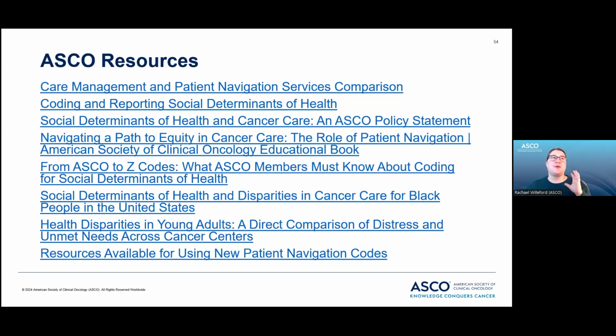Also, ASCO has resources that are available, the first being a care management and patient navigation services comparison, along with a resource for coding and reporting social determinants of health. ASCO also has a policy statement that's available for social determinants of health and cancer care. In addition to these three, there are a number of educational books or articles that ASCO has put out regarding social determinants of health needs and health equity.